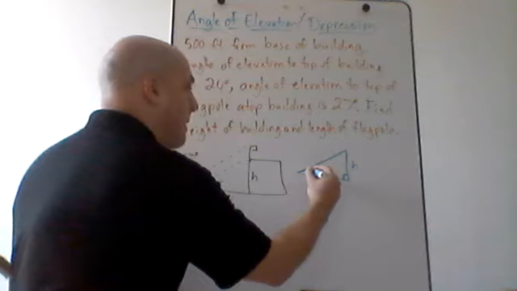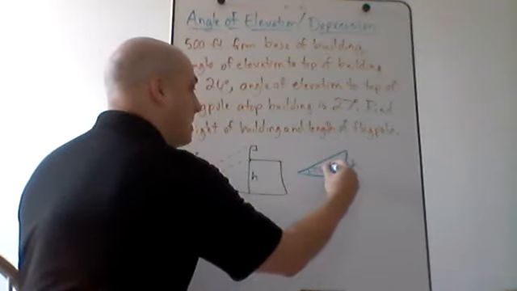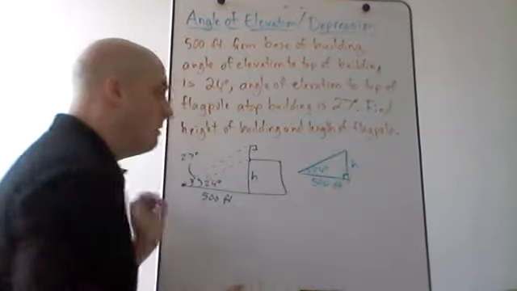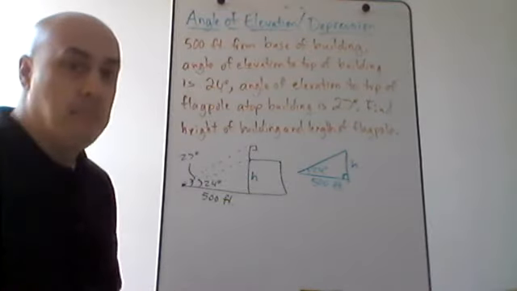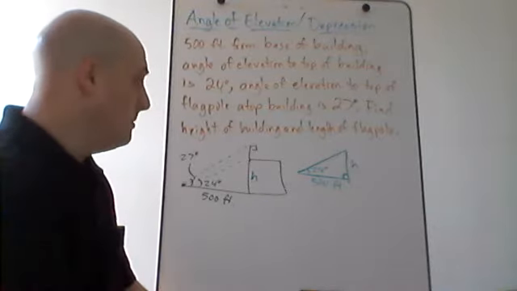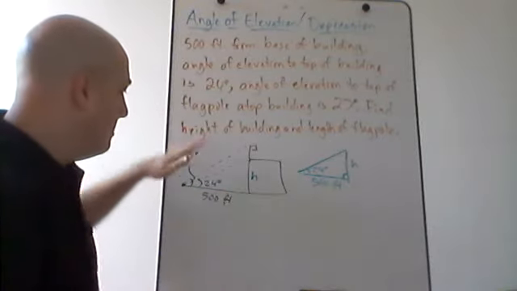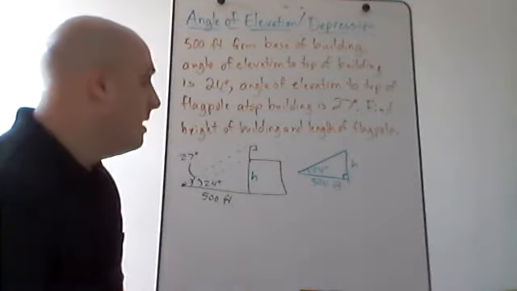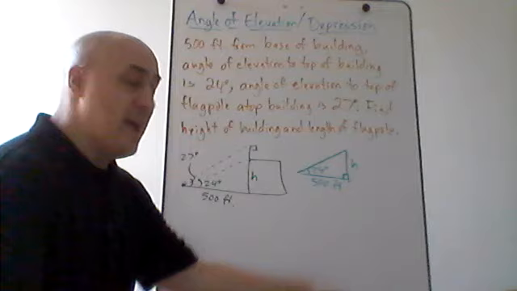My angle of elevation to the top of that building is 24 degrees, and I'm standing 500 feet away. So there's a right triangle that models what's going on here for the height of the building. Forgetting the top of the flagpole for now, I'm just taking that smaller triangle. And now what I need to do is solve for H.